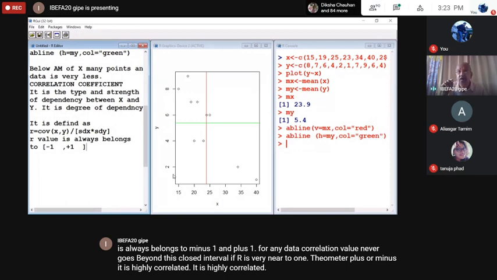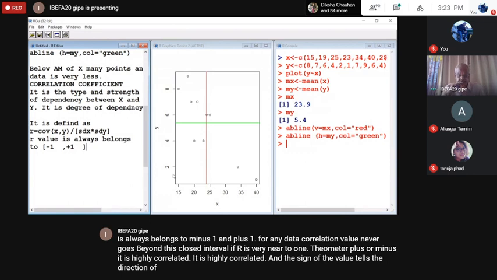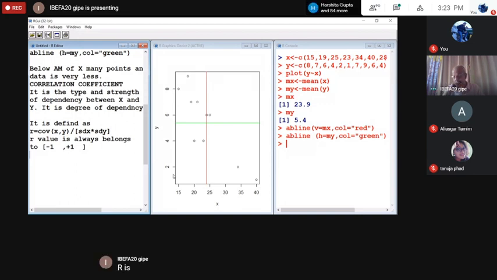And the sign of the value tells the direction of dependency. R is a statistical measure that defines the degree of dependency of X and Y.